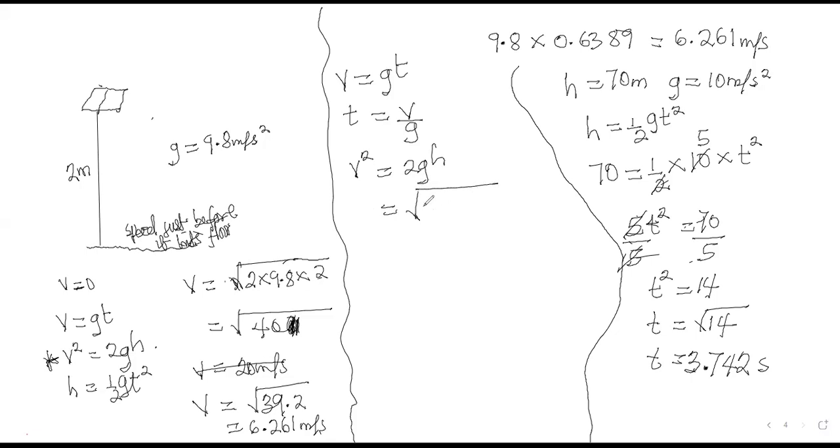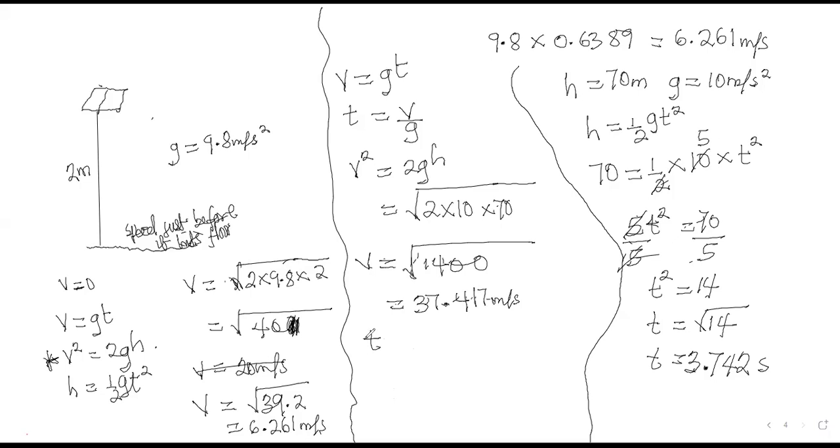So v is the square root of 2 times 10 times 70, which is the square root of 1,400. That's 7.417 meters per second. Good.